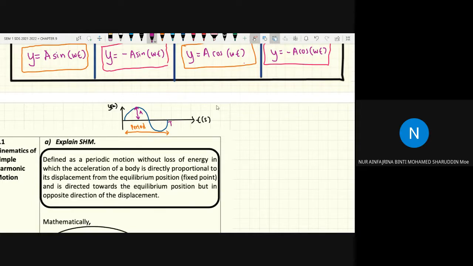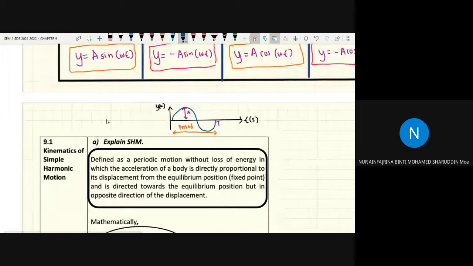And the equation you used just now is y equals A sin omega t.